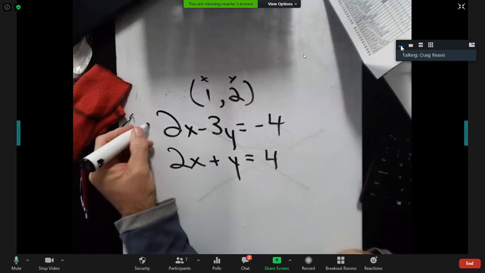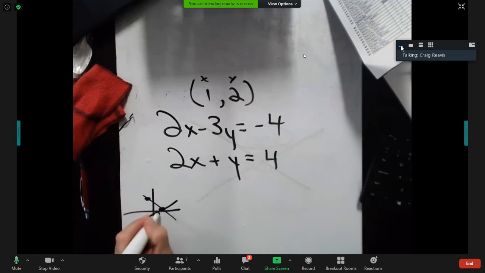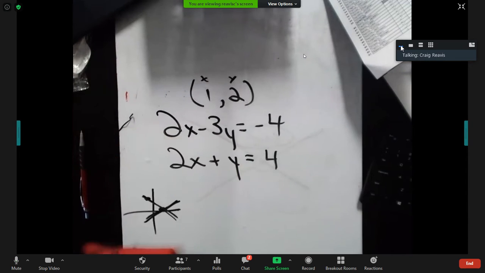If it checks out for one of them but not the other, that means that point is not the point of intersection. It means it's on this line but not on the other. We're looking for the point of intersection, which means it is on both lines. So that means it's going to satisfy both equations when I plug in.